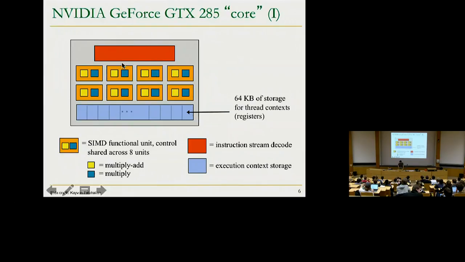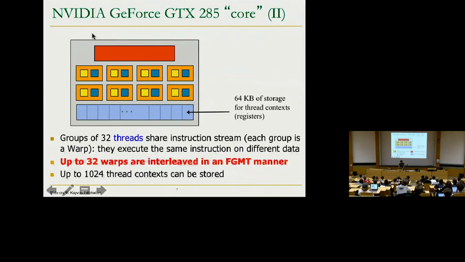We have decode logic. We have some registers and thread context, essentially the registers that, as you know, are partitioned for all the vector lanes, for all the threads that we are going to execute here. And then we have our functional units. As you see, there are 8 functional units in each of these SMs, in each of these cores.